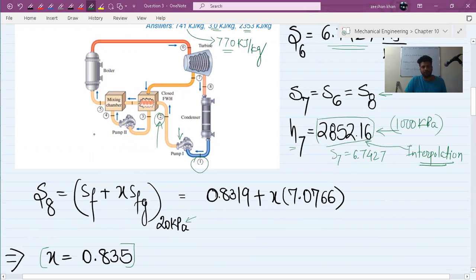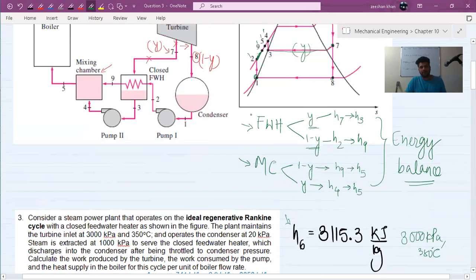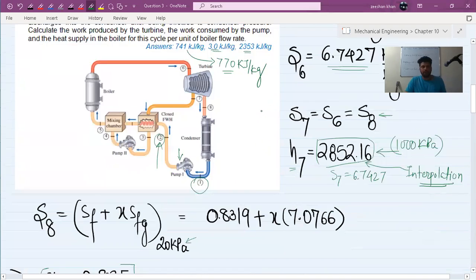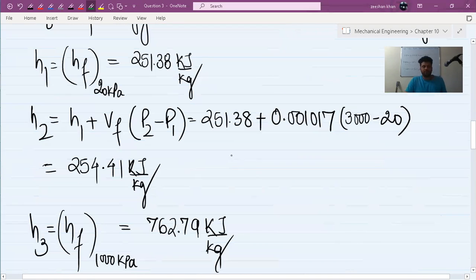So that is what you need to understand. That is why there's a jump from the first state to the second state. The second state is a state on the pressure line of the boiler. So again, h2 is equal to h1 plus vf into p2 minus p1.